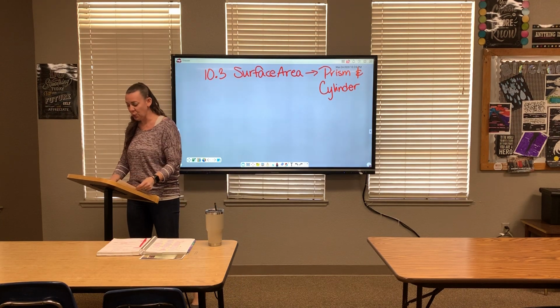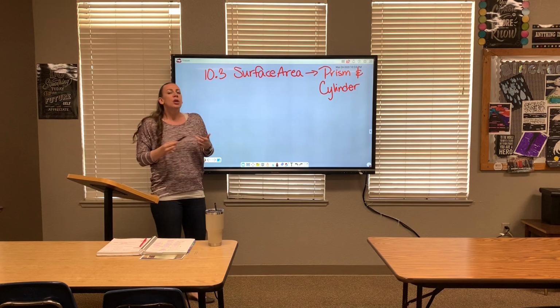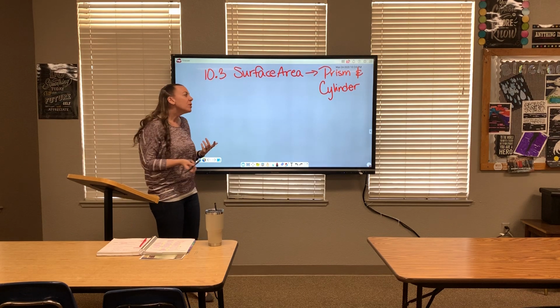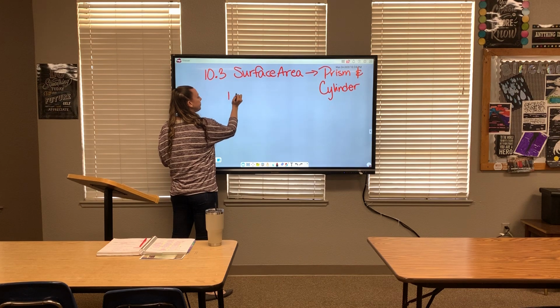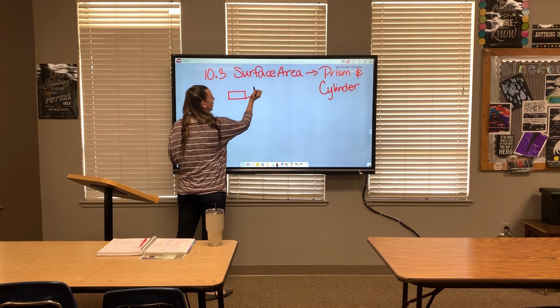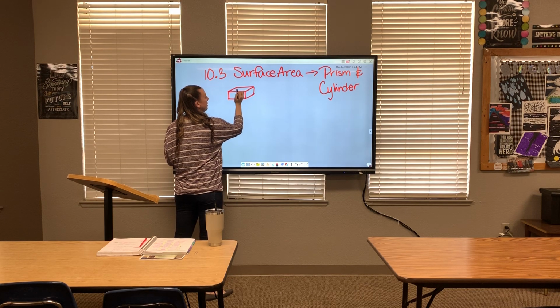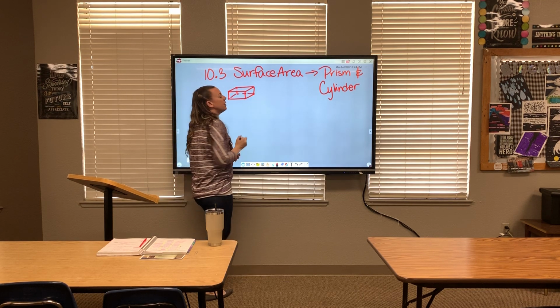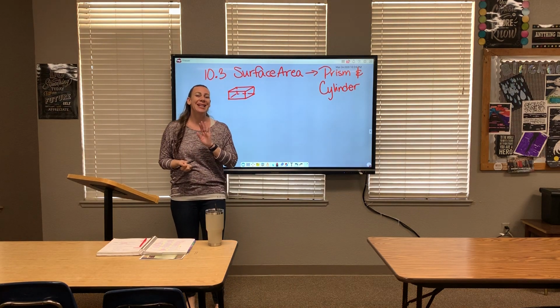Okay, so let's start with a prism. We'll start with a rectangular prism. So if I have a rectangle, and I'm gonna make a prism here, the first thing we wanna learn how to do is called a net.